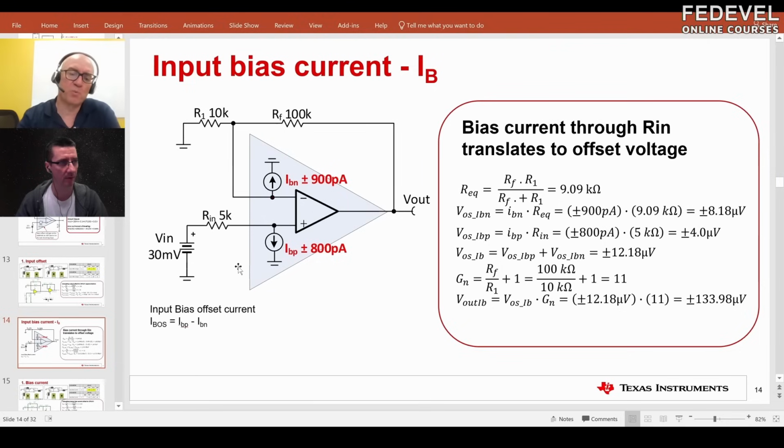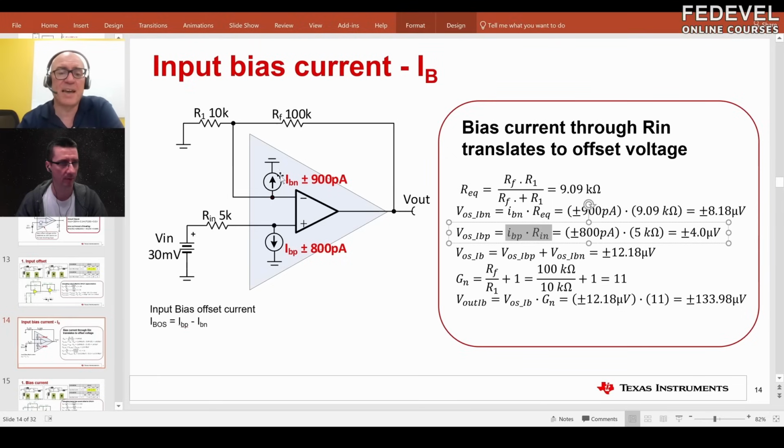What you always want to do is translate all the error sources to an input offset voltage, because then it's easy to compare to the other error terms. So basically, you put all the error sources at the same location. To develop an input offset voltage due to the bias current for Rn is quite simple. You just take this current and multiply it by that resistance, and that's what's shown right here.